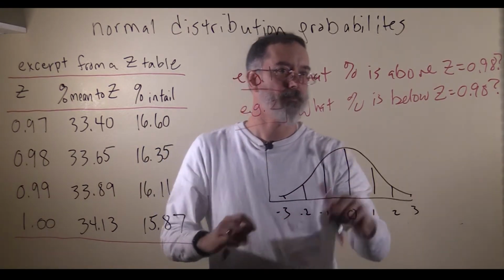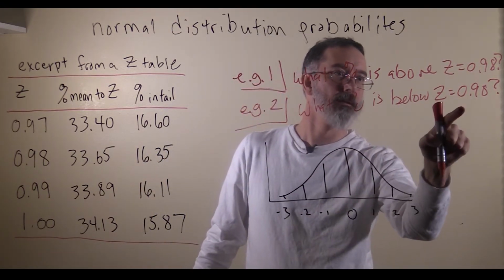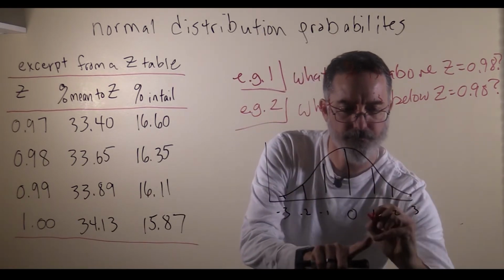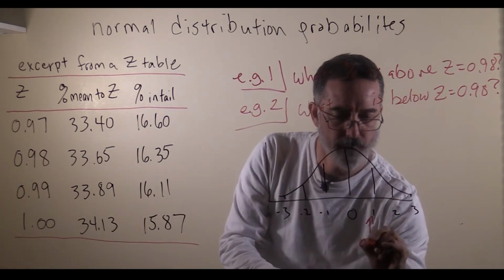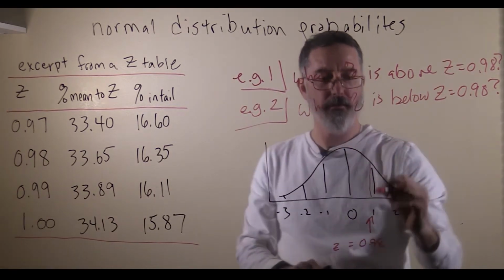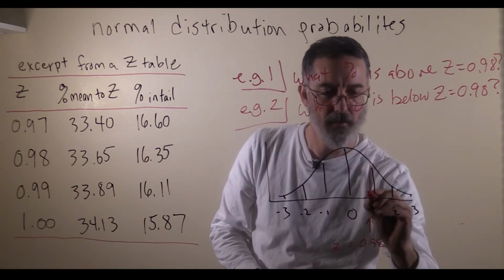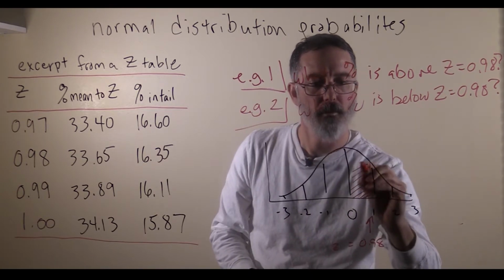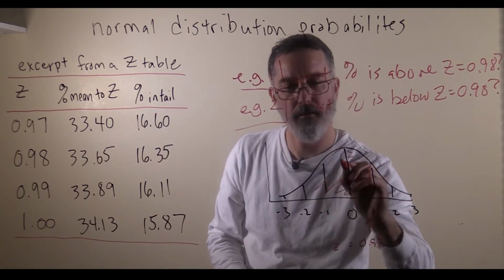And we want the percent below 0.98. So 0.98 is the z-score we're interested in, so that's going to be here. And the percent below will include that and all of this.